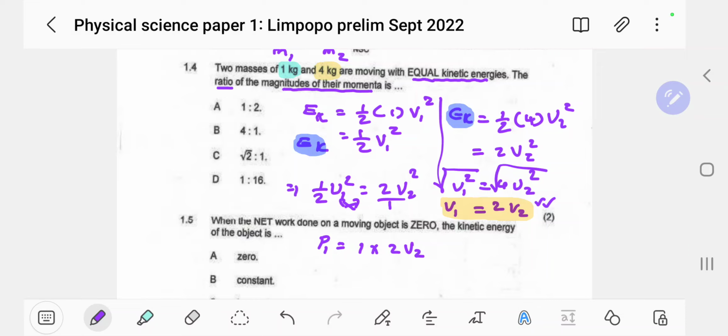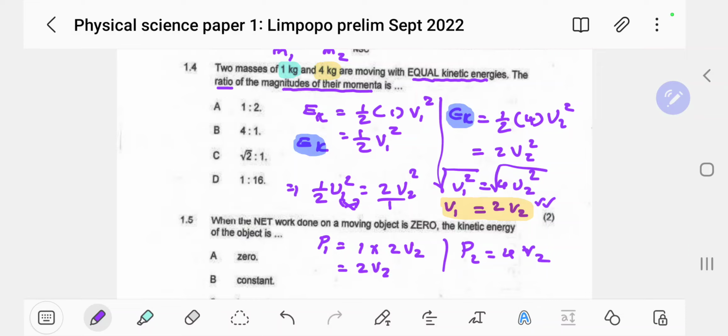So the momentum of the 1 kilogram block is 2 times V2. What about the momentum of the second object? It is going to be 4, which is its mass, multiplied by V2, which is its velocity.